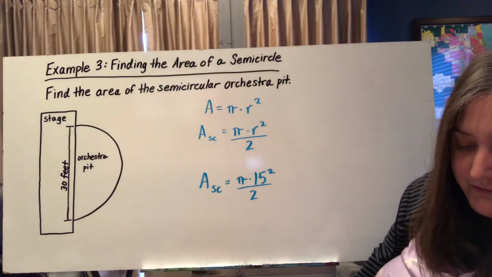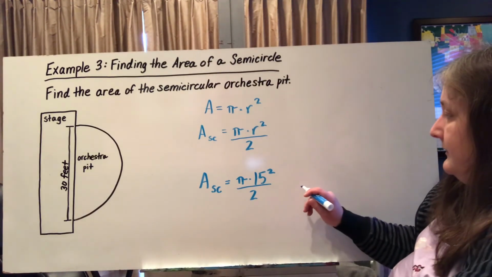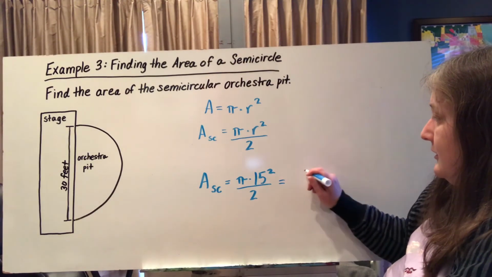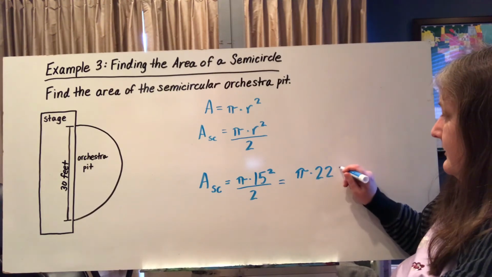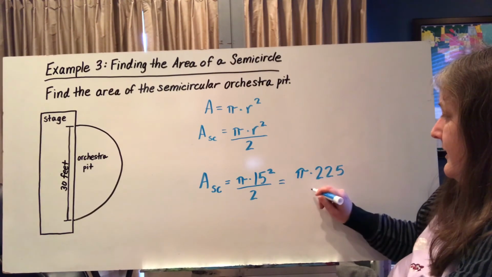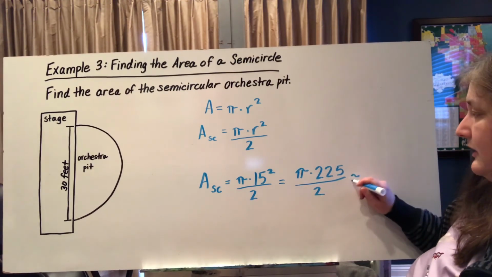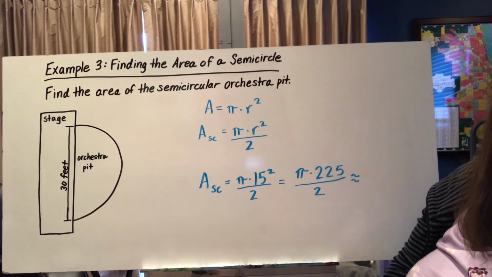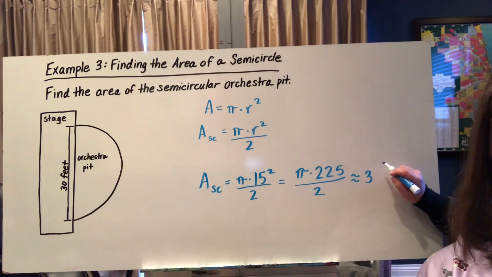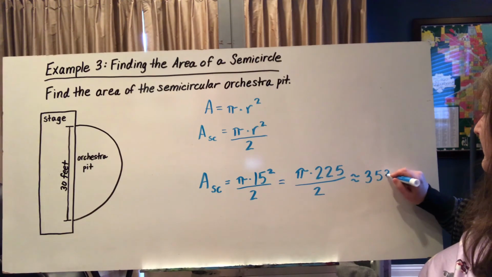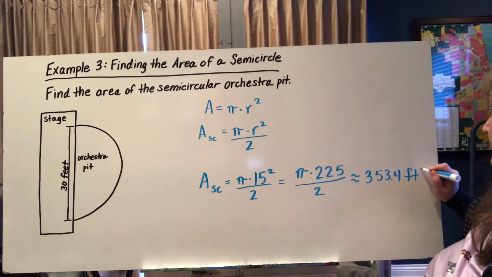So 15 times 15 is going to give us 225. And then pi times 225 divided by 2, we'll round to the nearest tenth, gives us about 353.4, and it's going to be feet squared.